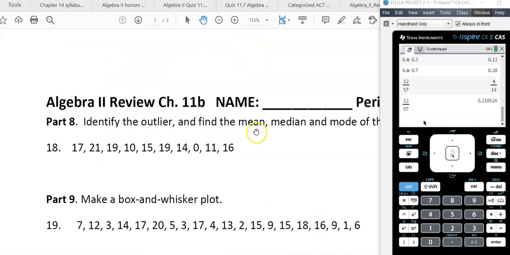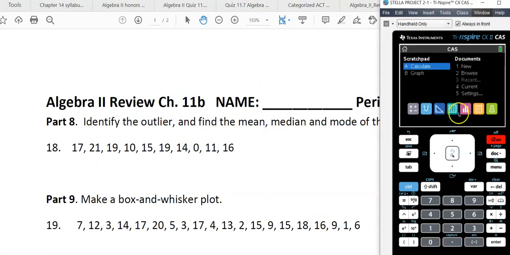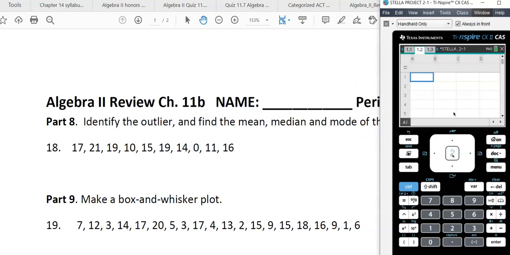So find the mean, median, and mode. You could, if you wanted to, put this in a data or list spreadsheet page. So I'm just going to call it data. 17, 21, 19, 10, 15, 19, 14, 0, 11, 16. So I'm going to do one variable stats on this.